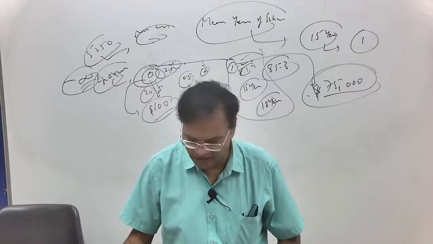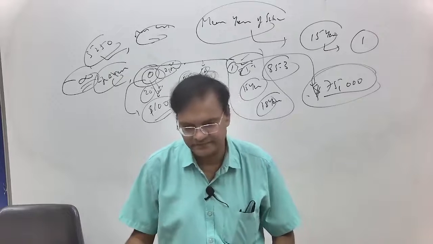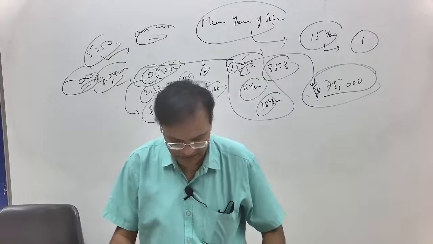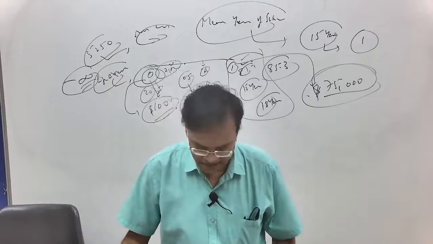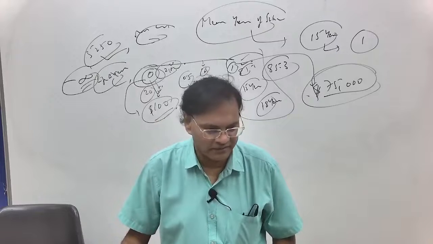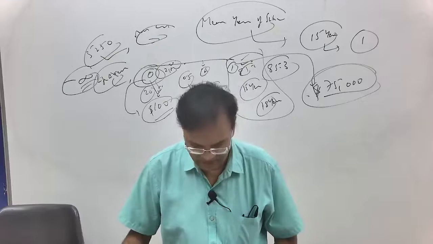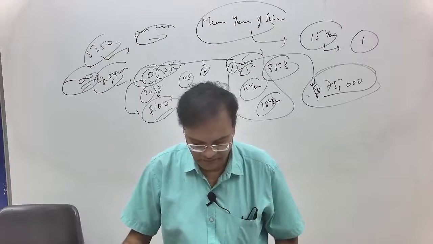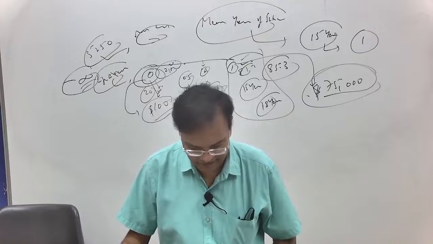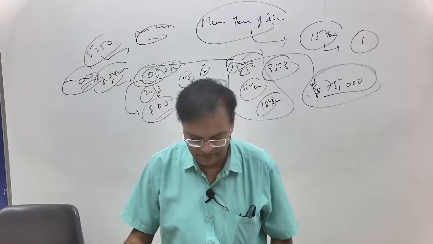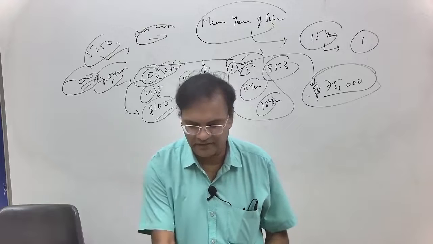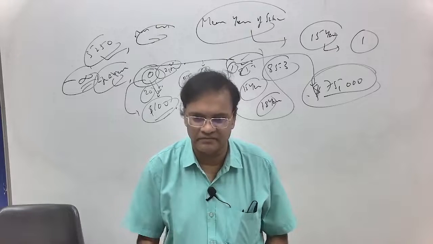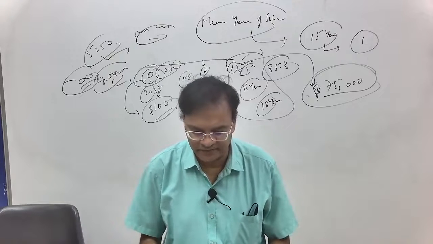And gross national per capita is $6,590. That is what it says, right? Gross national per capita is $6,590.